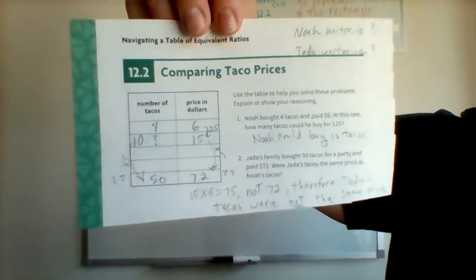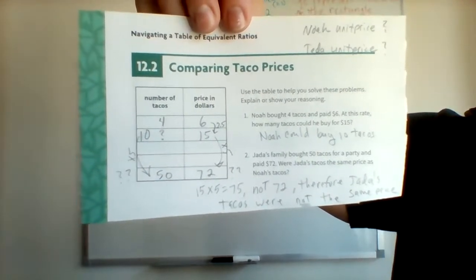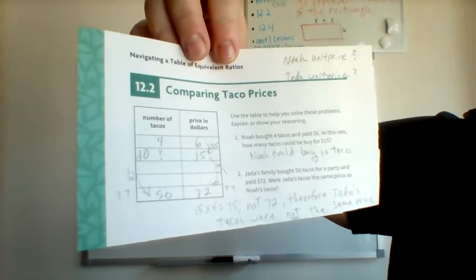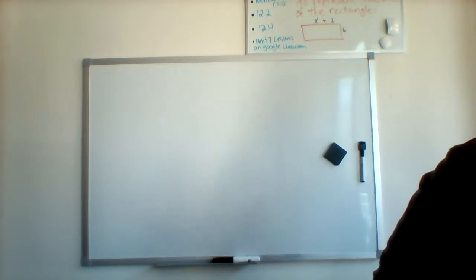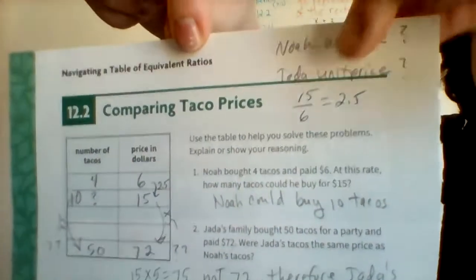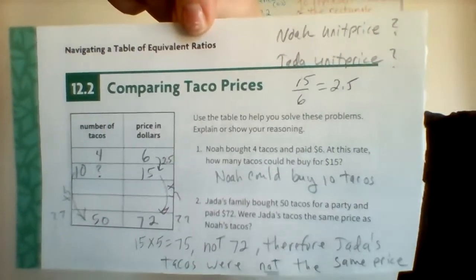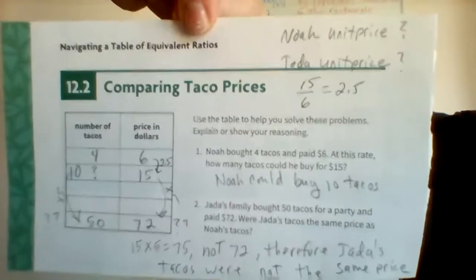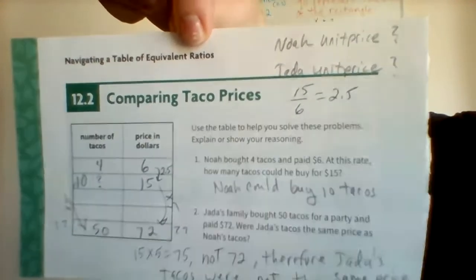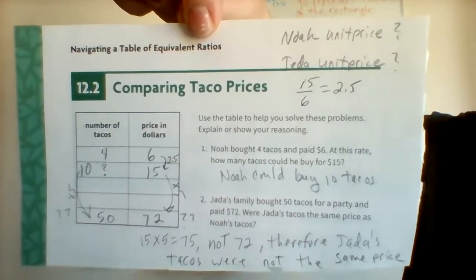That's how you get the equivalent ratio, right? Yes, you can actually also divide. I'll write it right here, 15 divided by 6 equals 2.5.